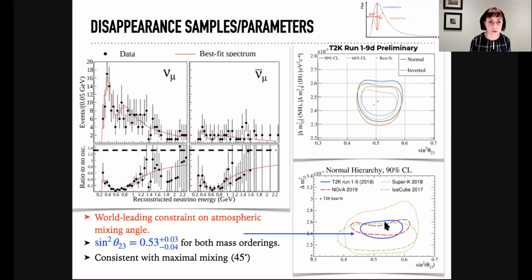So you can see here a value of sine square theta 23 and delta m square, but the experiments are not all the same. So we still have a little bit of work to do to understand the exact value, but things are improving, and it's really very exciting to see this dip.